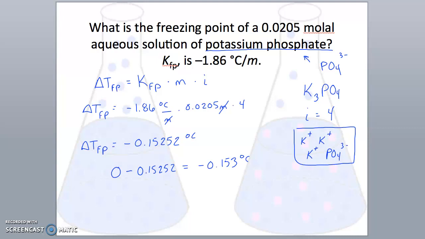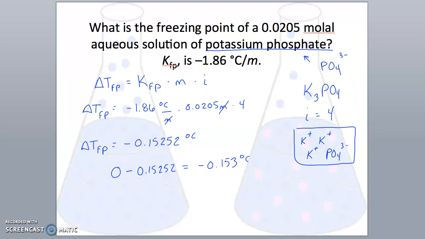So I'm going to set up my formula. The delta T freezing point is equal to my constant, negative 1.86, times the molality, and that was given, 0.0205, times the Van 't Hoff factor. Now, this was potassium phosphate, and it was just written, so we'd have to know what the formula for potassium phosphate was.